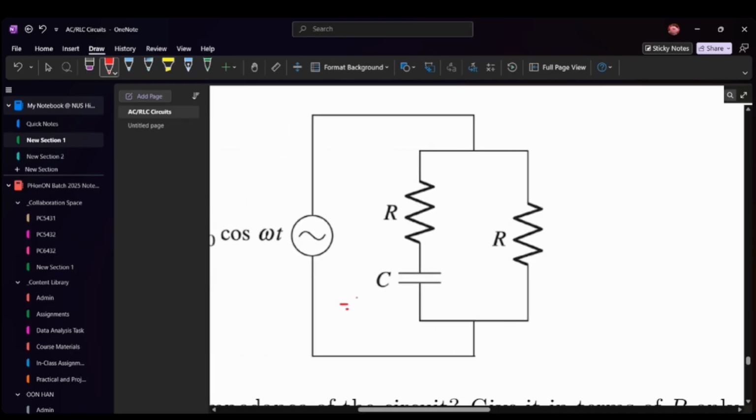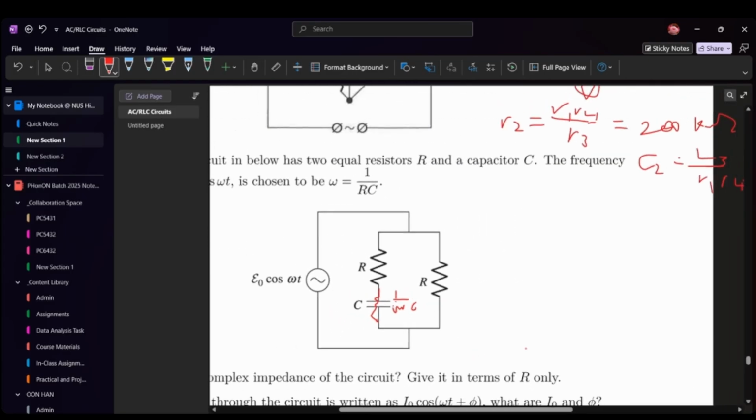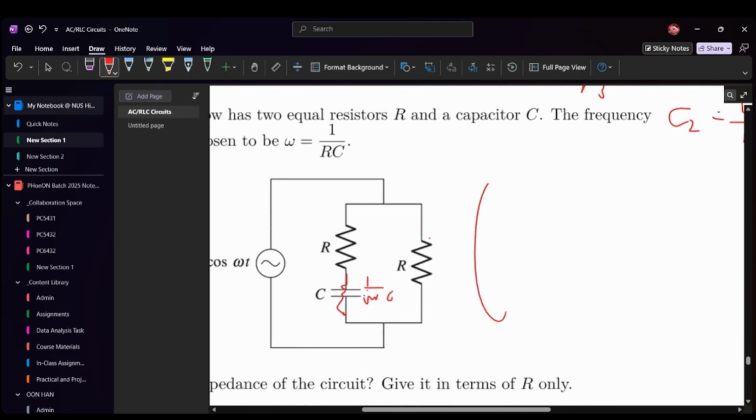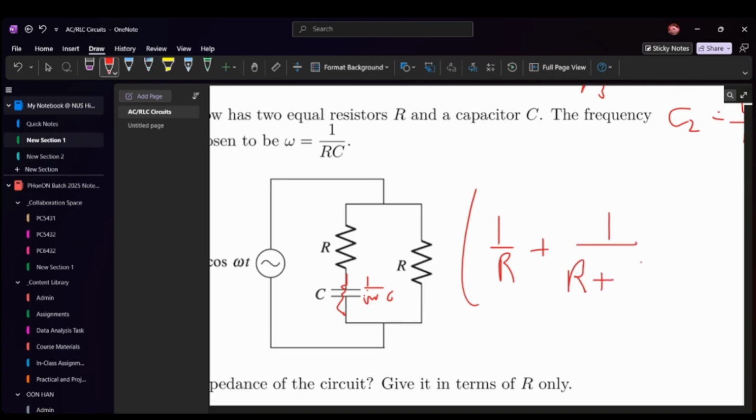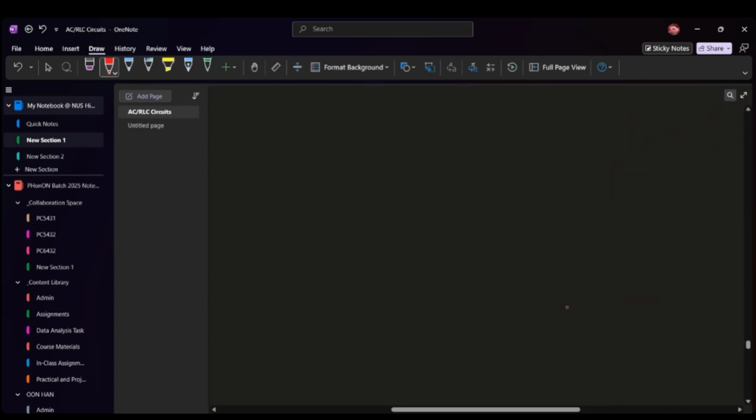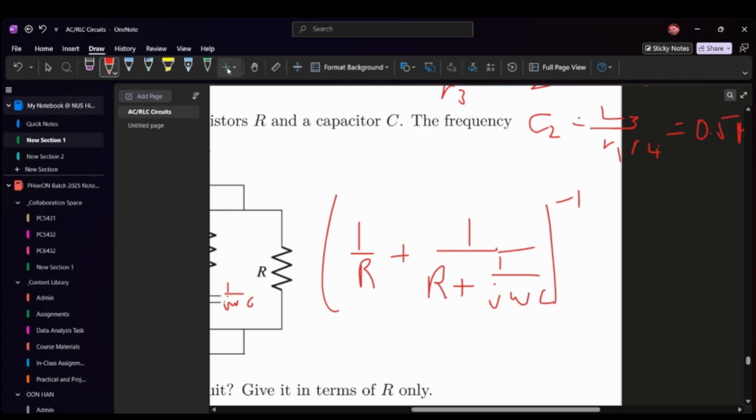This is basically a resistor R and 1 over j omega C. So the total complex impedance of the circuit is, these two are in parallel, so we get 1 over R plus 1 over R plus 1 over j omega C, inverse. And here your omega is 1 over RC. So this thing can be replaced with 1 over R, and this can be flipped.